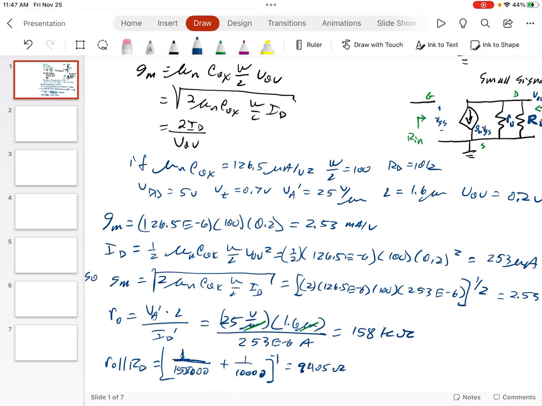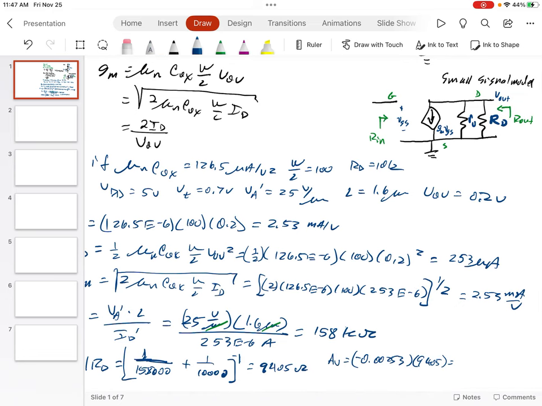And so we get a gain of minus 0.00253, that's GM, times 9405. We get a gain of minus 23 volts per volt. If I put those units there, they'll cancel off nicely too.